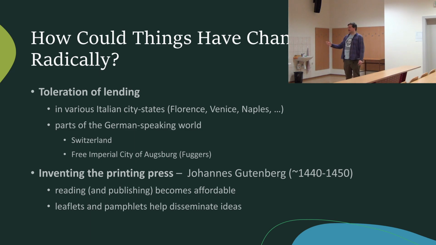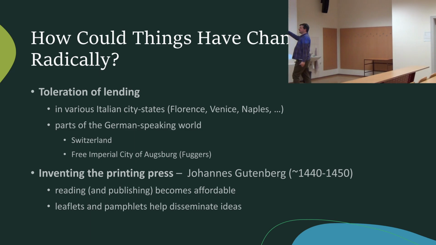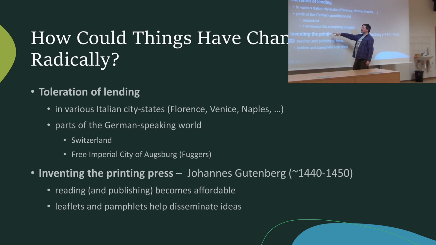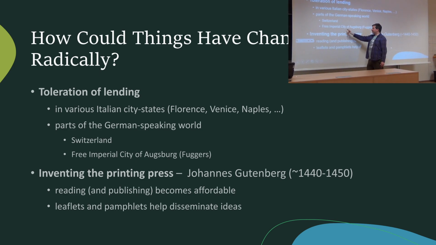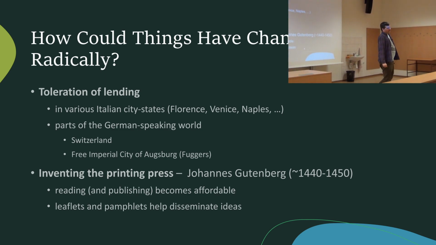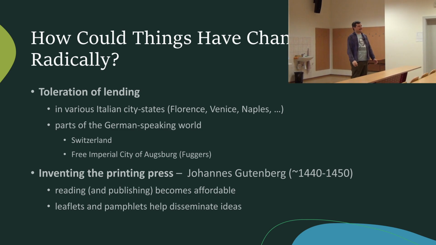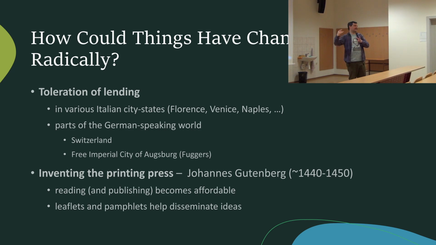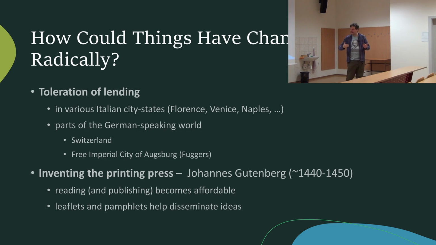But at least it is legal. Not only in these cities, actually, also in Switzerland and the free imperial city of Augsburg. So that actually explains why some countries were faster in following the Italian cities in the Renaissance than others.